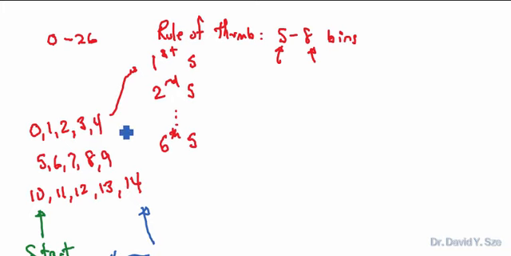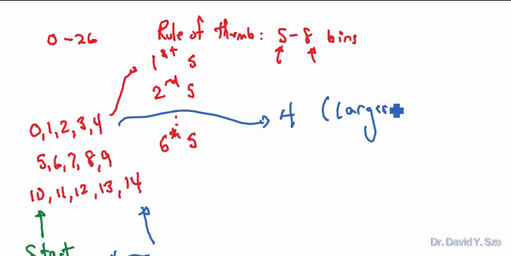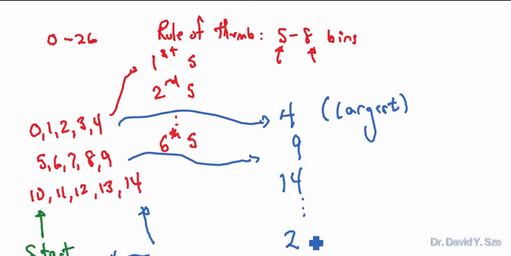So this first bin, according to Excel, would be the number 4, because Excel uses the largest number in the bin to specify the bin. The second bin would be 9, the third would be 14, etc. We need 24, we need 29.